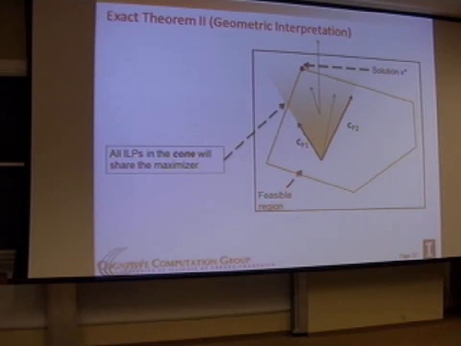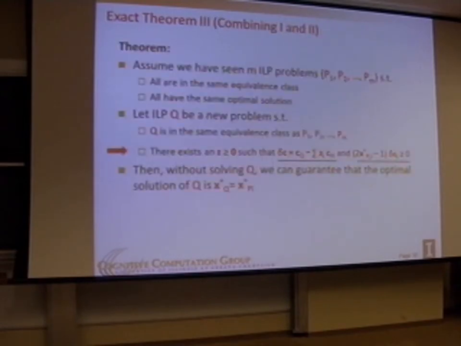I can combine this result with the dominance result that I showed before, and basically I have the following theorem that summarizes all we know: on one hand I need to have a conic combination, and on the other hand I have to have this dominance relation, so I can change separately the coefficients of the active variables and the coefficients of the non-active variables. Under these conditions, without solving Q, I can guarantee that the optimal solution is the same as the optimal solution of the P's.